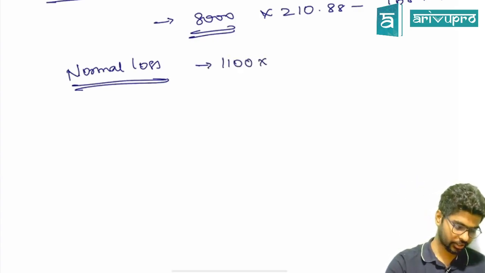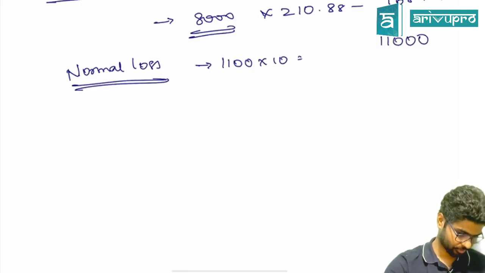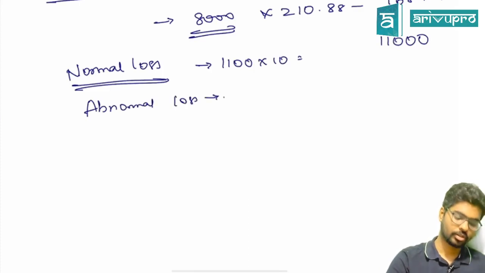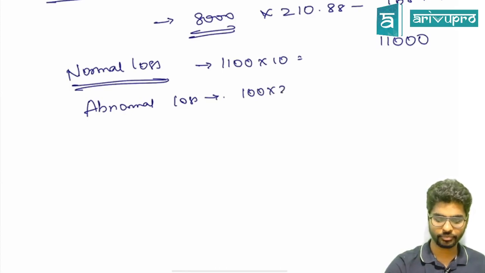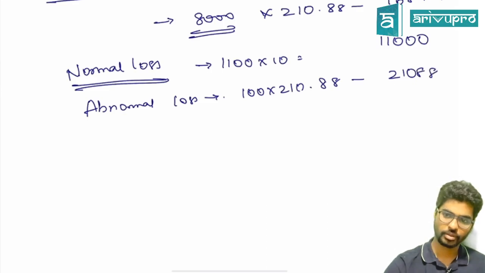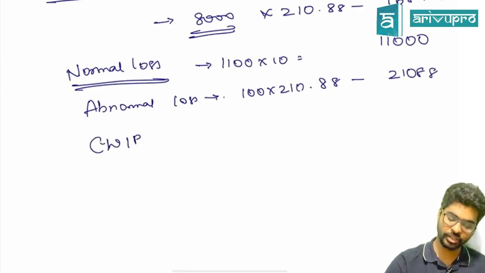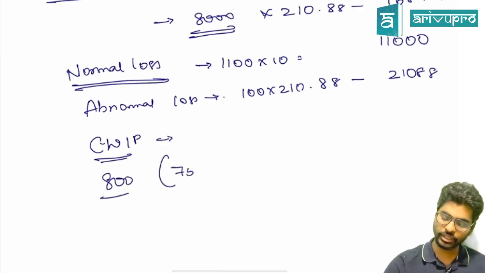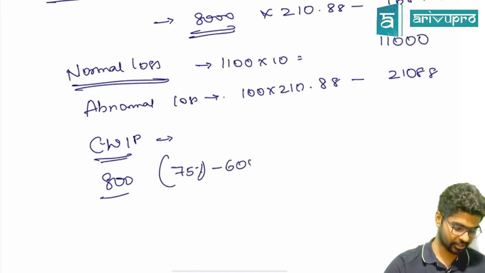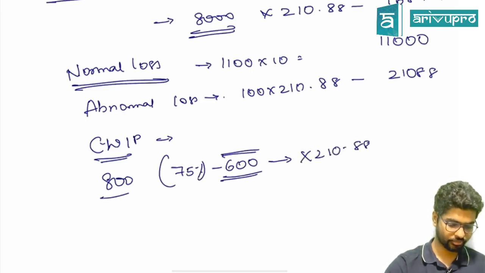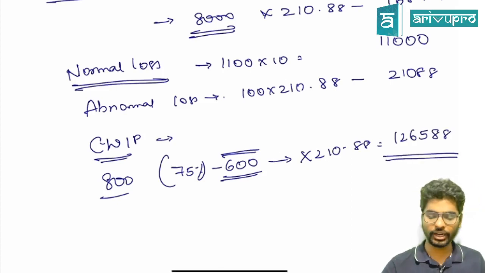Correct? 1100 units into 10. What will be my cost of abnormal loss? Cost of abnormal loss will be 100. What will be the cost of closing WIP? Closing WIP, the number of units were 800, but completed during the year is only 75%, which comes to 600, which is 600 into 210 point. Did you all understand this?